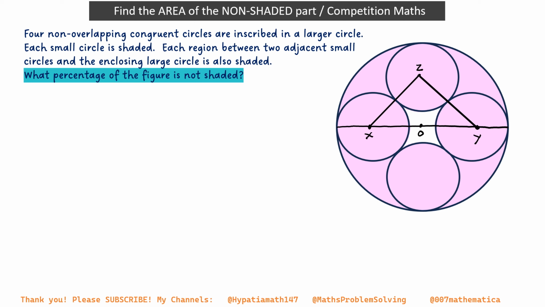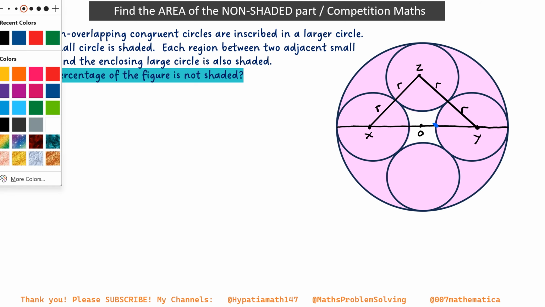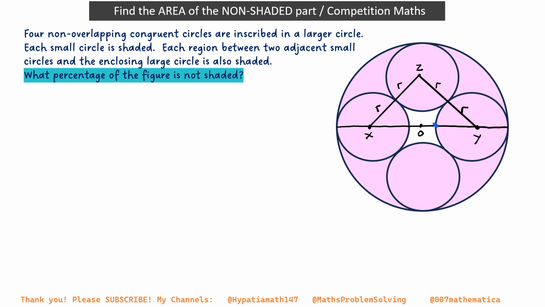then you see, if I say the small circles have a radius of r, and I also name this point here N, and this point M, then MZ would be r and XM would be r, right?